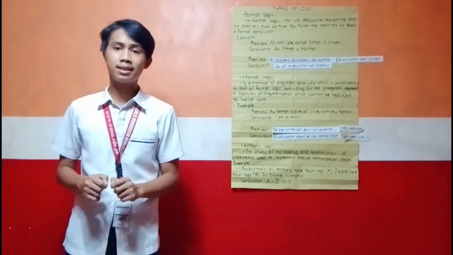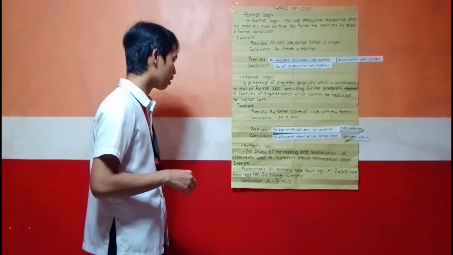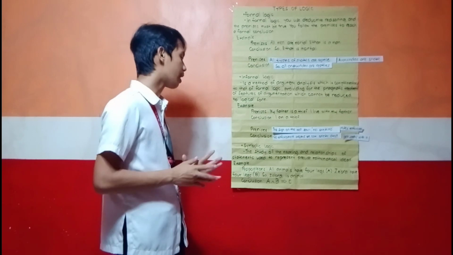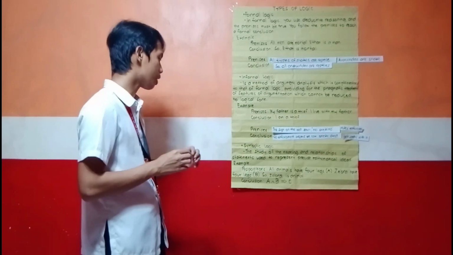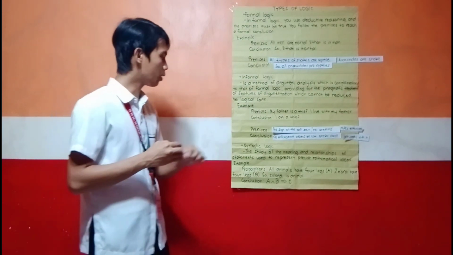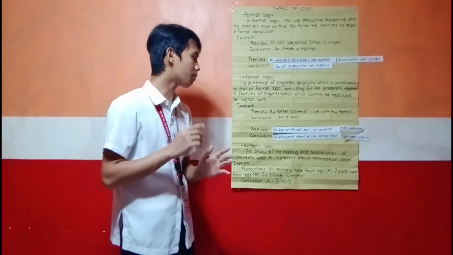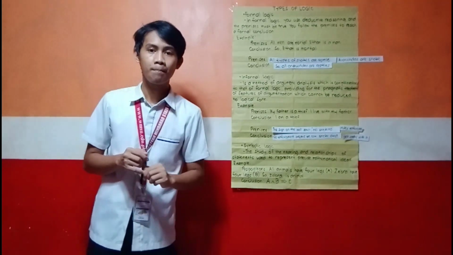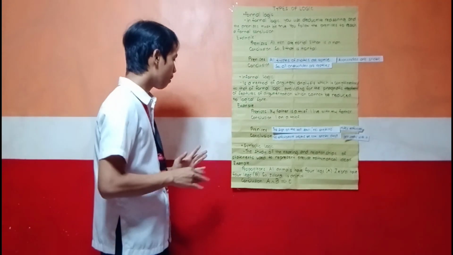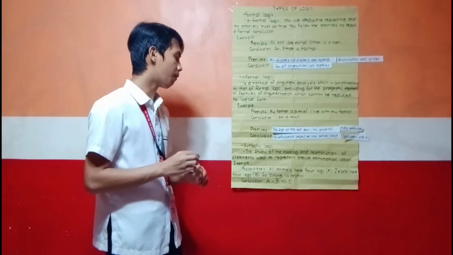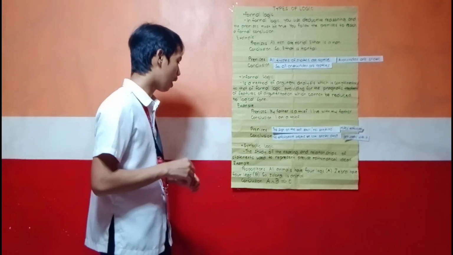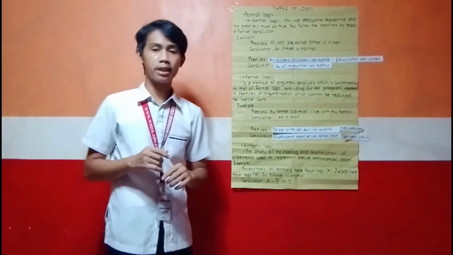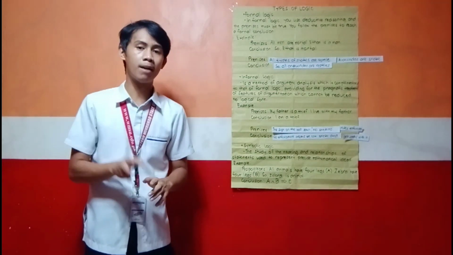Then the last one is the symbolic logic. It is the study of the meaning and relationships of statements used to represent precise mathematical ideas. An example: all animals have 4 legs. Zebra have 4 legs. So, zebra is an animal.